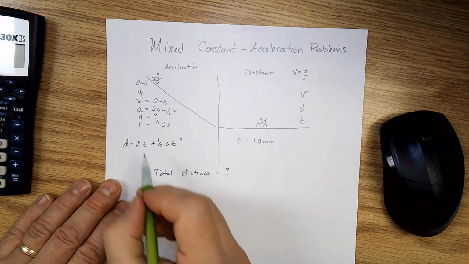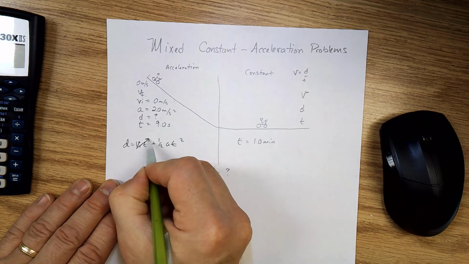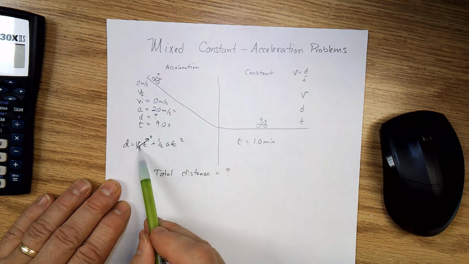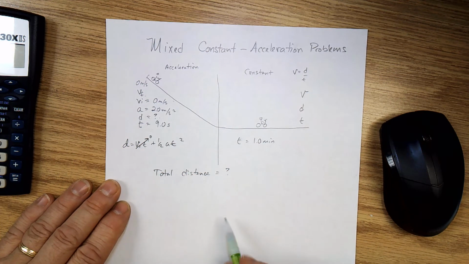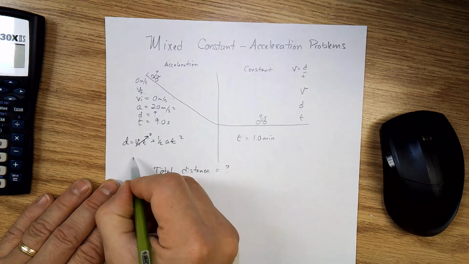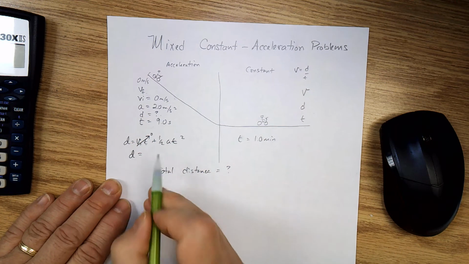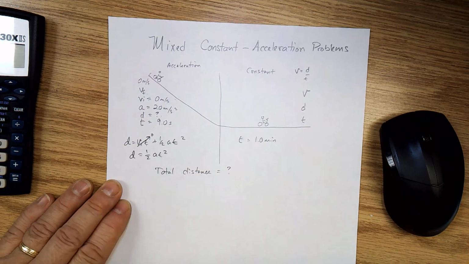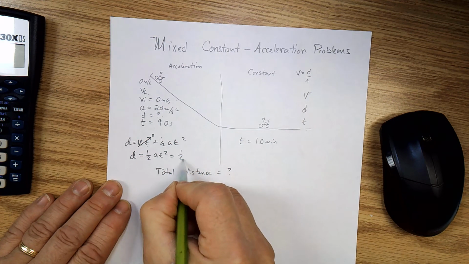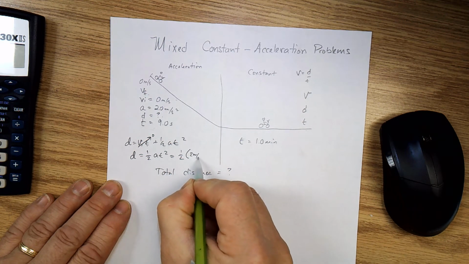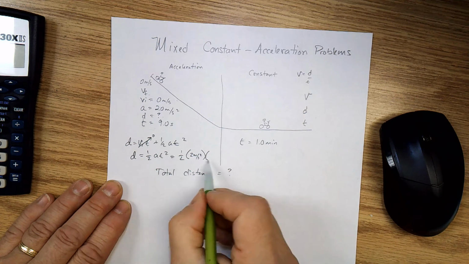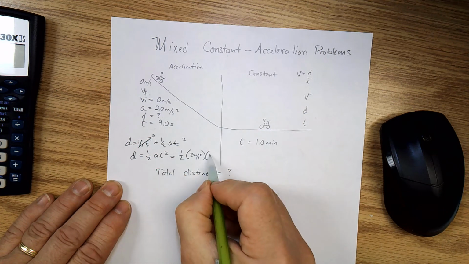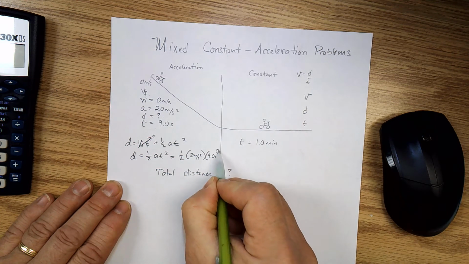We plug our numbers in, and the first term is going to be 0, because 0 times the time, 9, falls away. So I'm just going to ignore the first part of this equation and say D equals just this half of the equation in this scenario. We have 1/2, 2 meters per second squared, and t squared, which is 9 seconds squared.